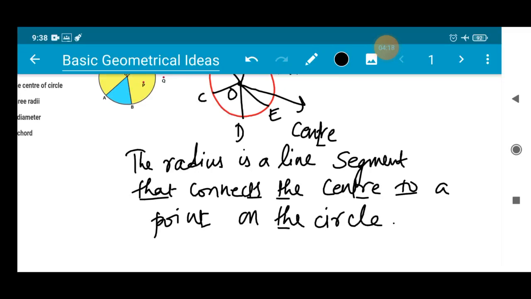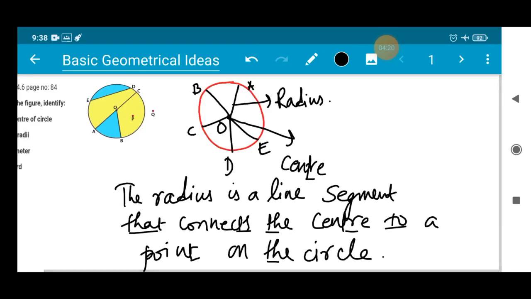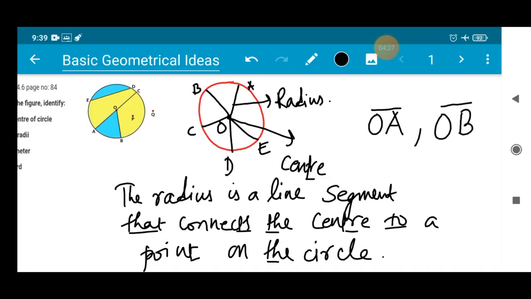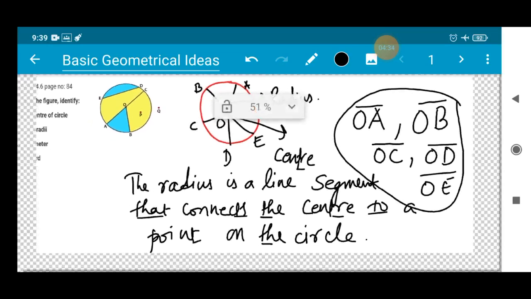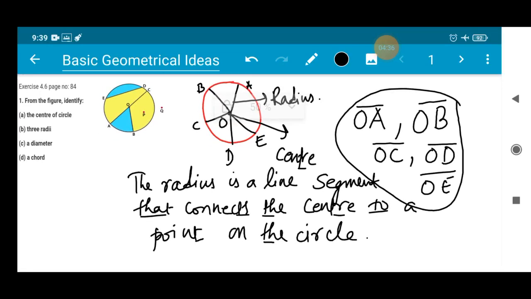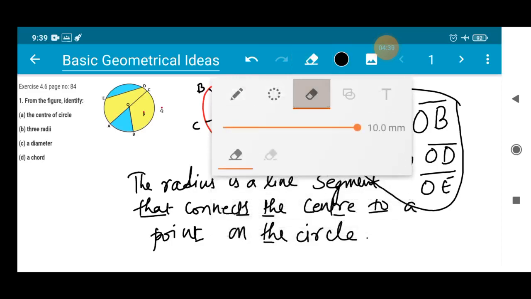If you have to name the radius, it is OA. If you make other radii, you get OB, OC, OD, OE. These are all the radii present in one circle. So you may have more than one radius. I hope the concept is clear.